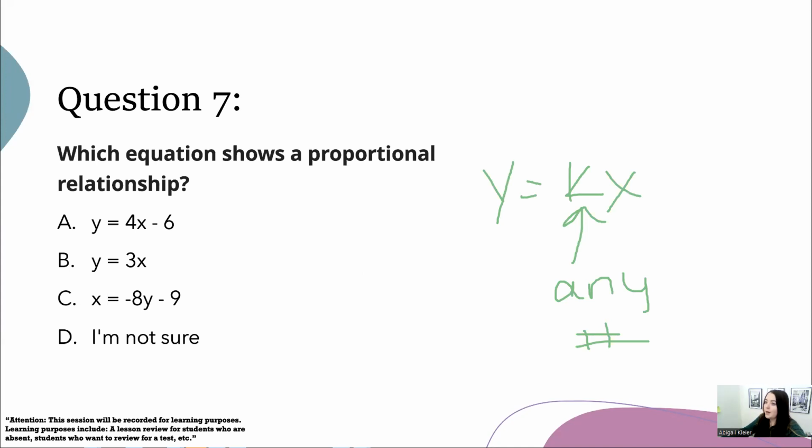What it cannot have is anything multiplied, added, subtracted, or exponents. Any of these things makes it no longer proportional. So looking at question 7, the only one that fits into that format is B, y equals 3x. There are no exponents and nothing is being added or subtracted.